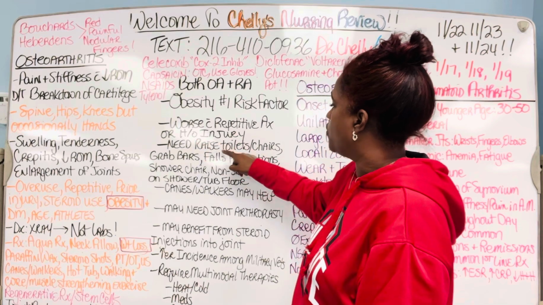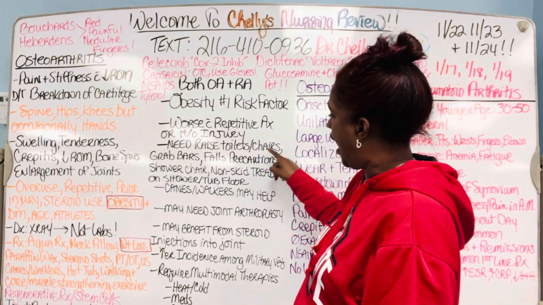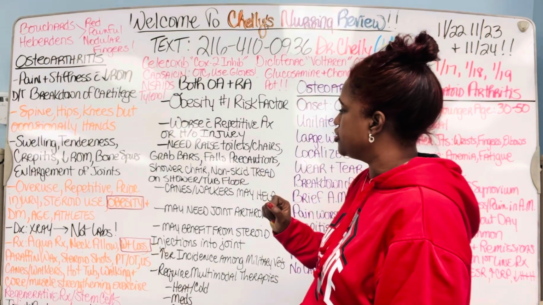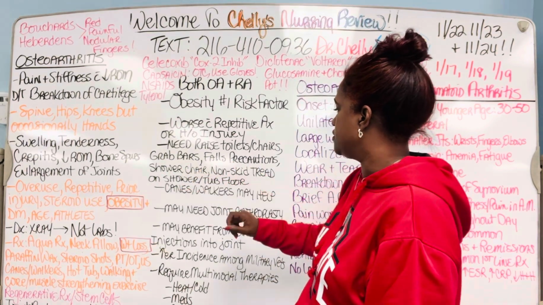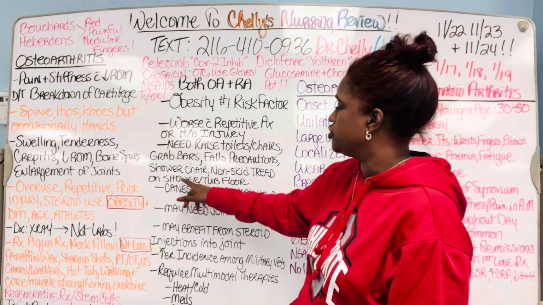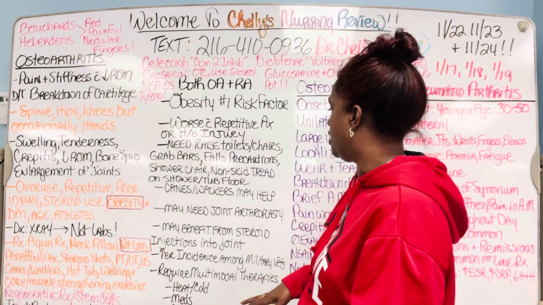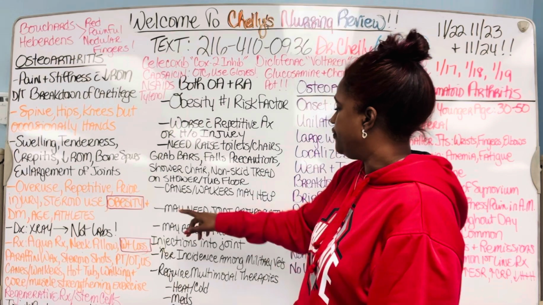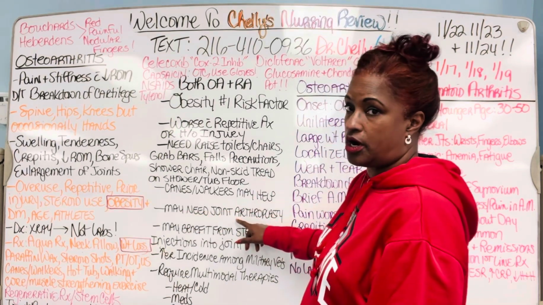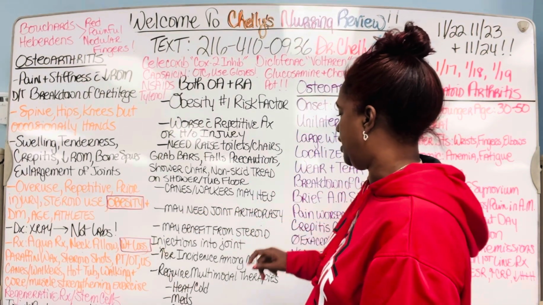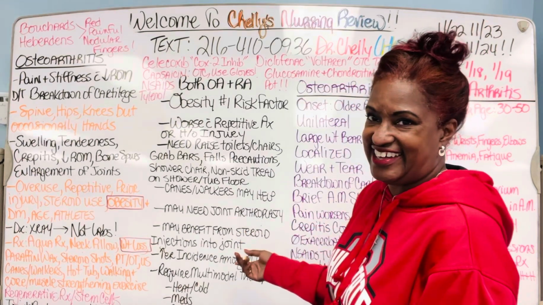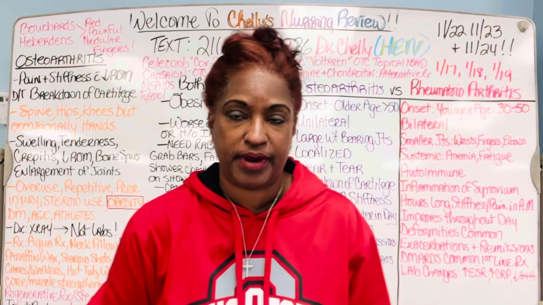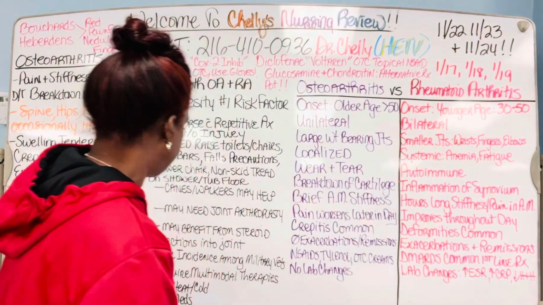Both need raised toilet seats, high chairs, grab bars, falls precautions, shower chairs, non-skid tread on the shower floor or the tub. Canes and walkers may help. They may need joint arthroscopy, arthroplasty. Joint arthroplasty just means a joint replacement, knee or hip replacement, whatever.